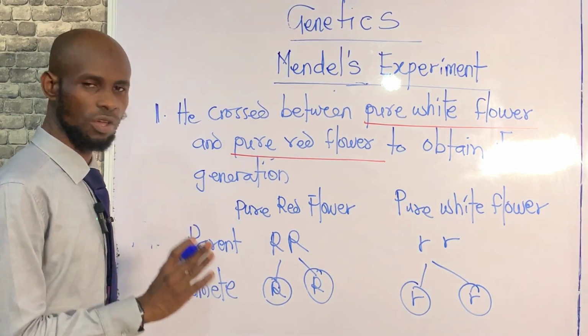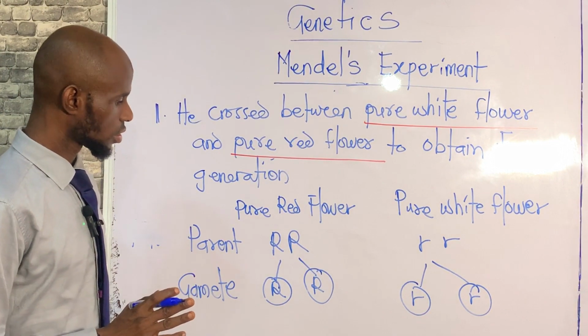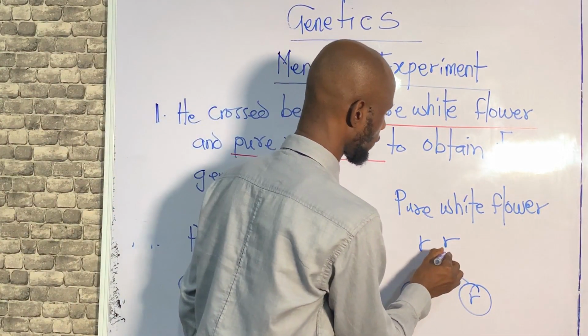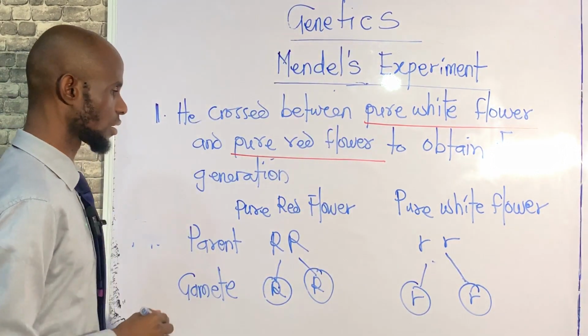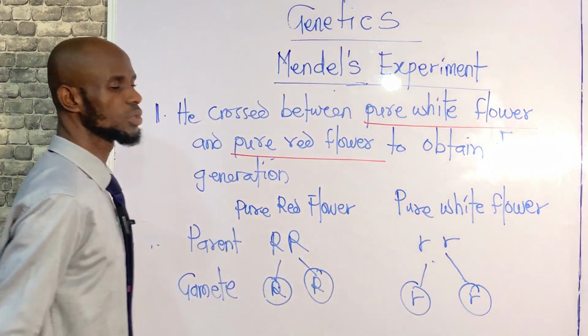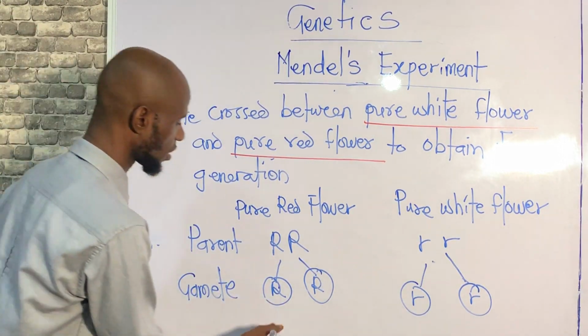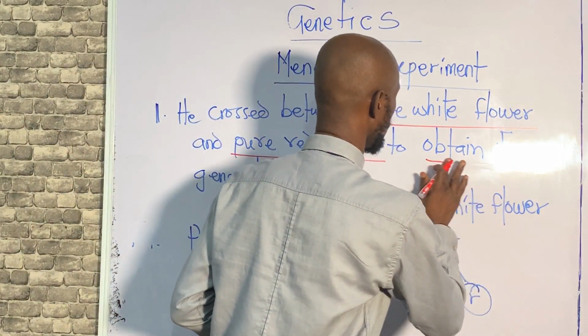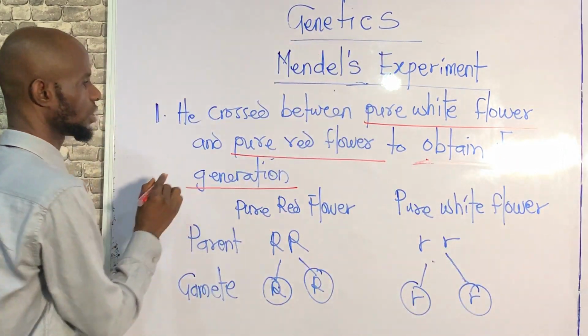Then we now have the crossing. They are not coming from the same R, different R now. So this R is entering into its gamete, and this R is also entering into its own gamete. So let's cross now to obtain what Mendel called the F1 generation.